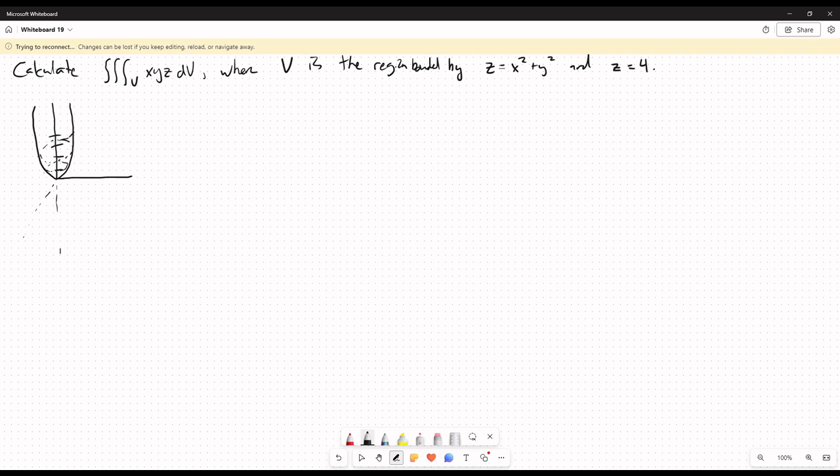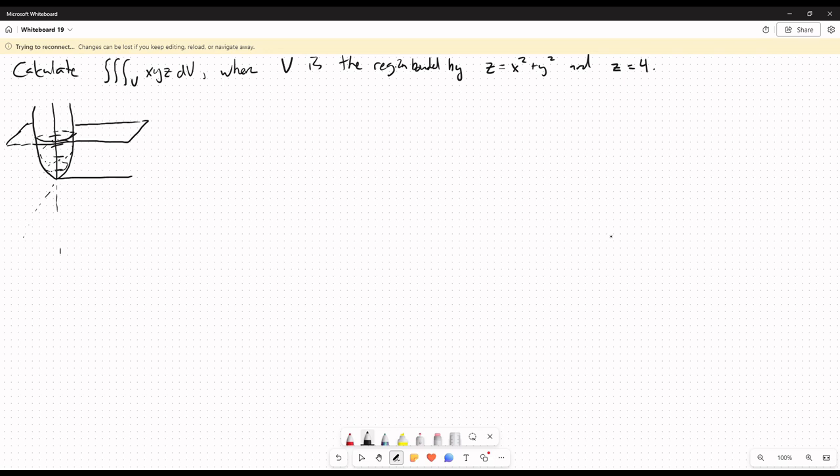We'll go ahead and draw a nice solid because it's intersecting this plane, z equals 4. So this area between those is going to be the region we're integrating over.